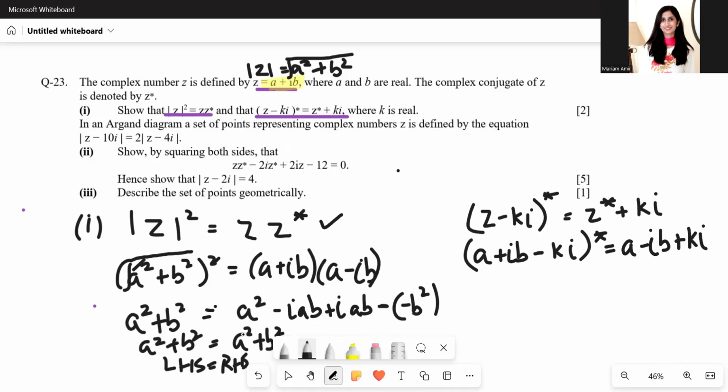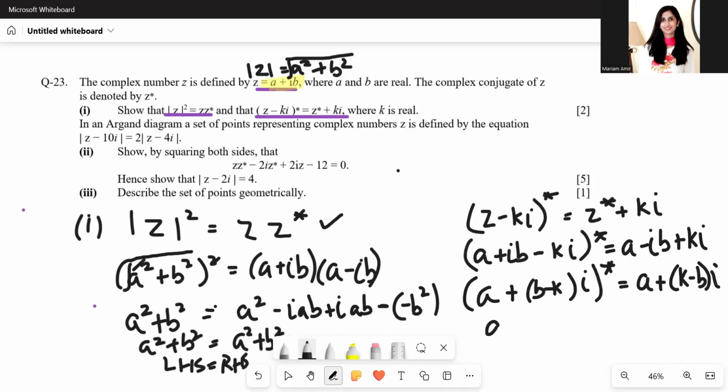If we write the imaginary and the real part separately, we get a plus (b minus k)i, whole conjugate. When we conjugate this, we're going to change the sign of the imaginary part.